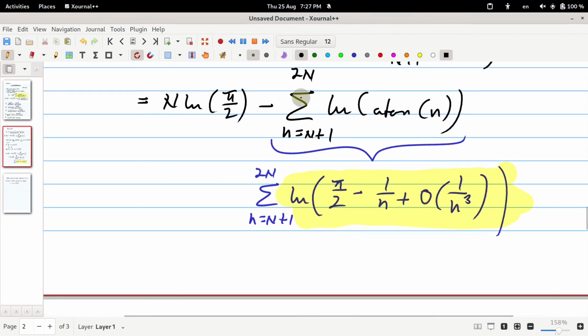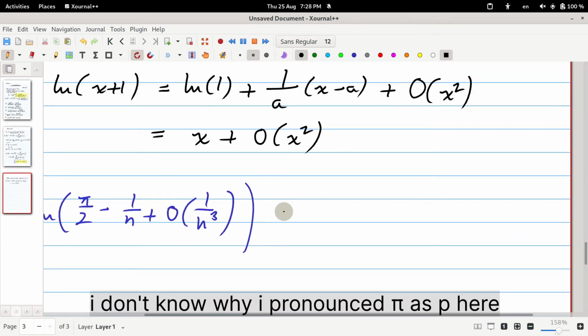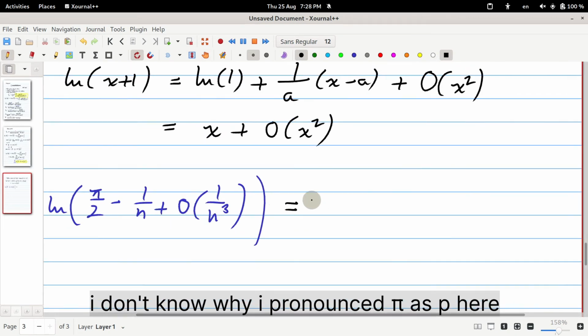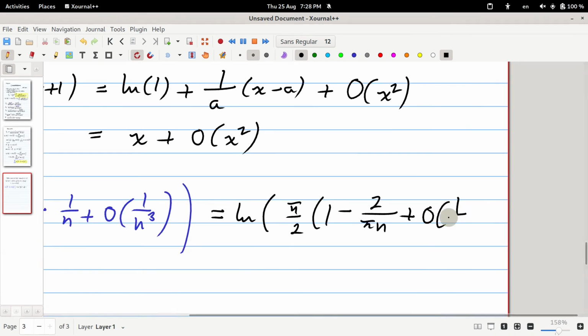Take a look at this expression right here. I'm just going to copy this again, and we can factorize pi over 2 out. So that'll be pi over 2 times 1 minus 2 over pi n plus O of 1 over n cubed.